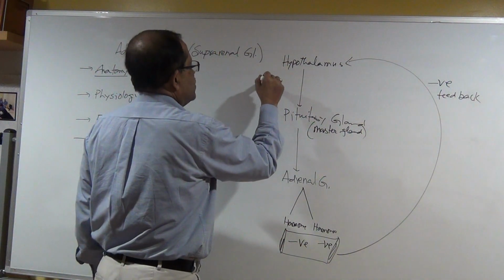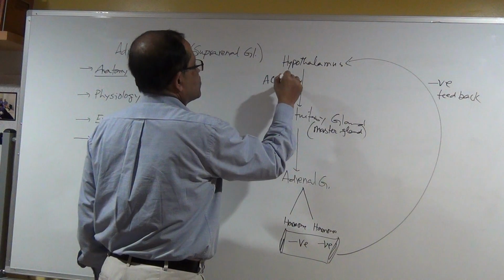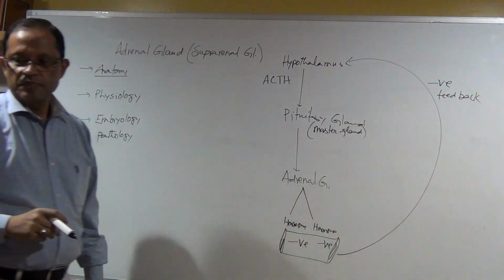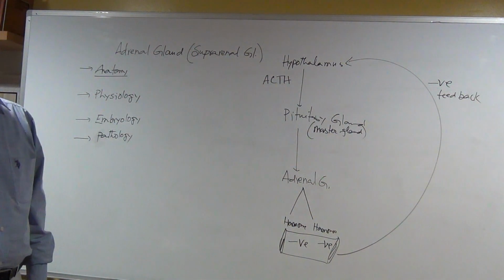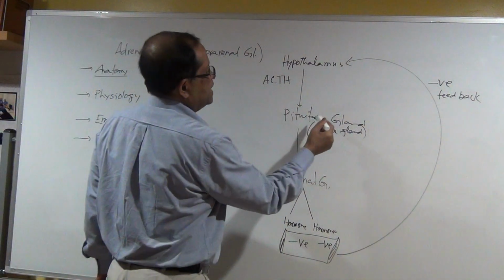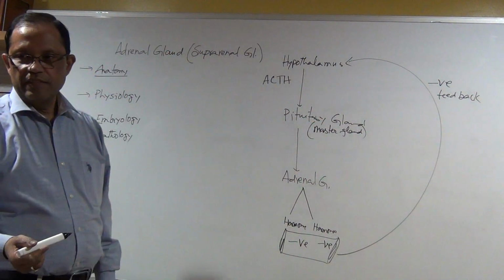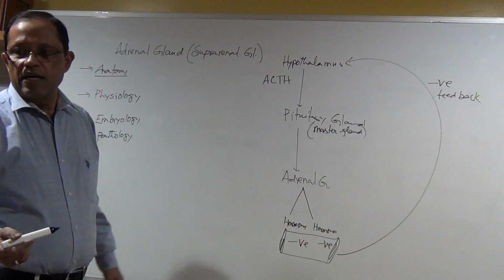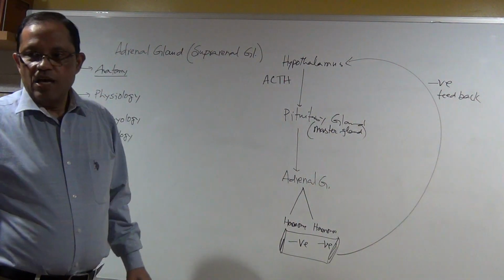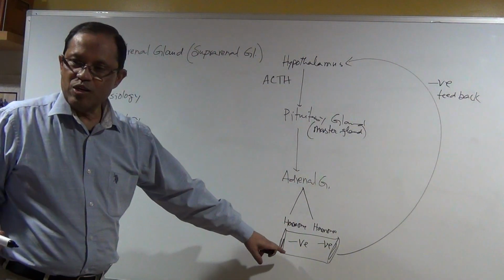So adrenocorticotropic hormone will be released by the hypothalamus to excite the pituitary gland. Then the pituitary gland says, what message is it? Oh, you know the blood level of hormone is reduced.